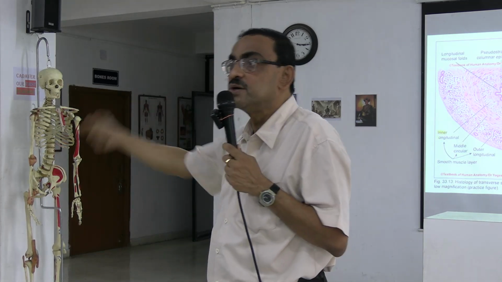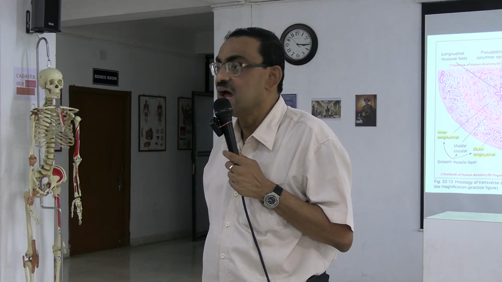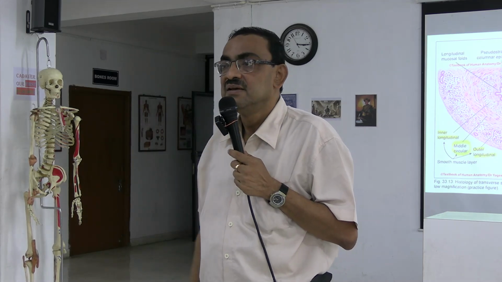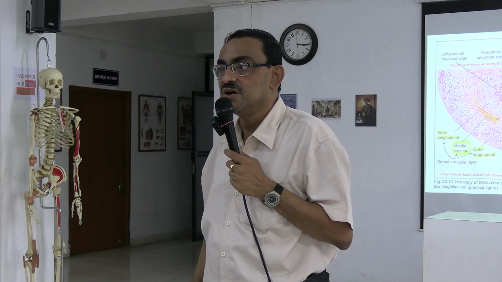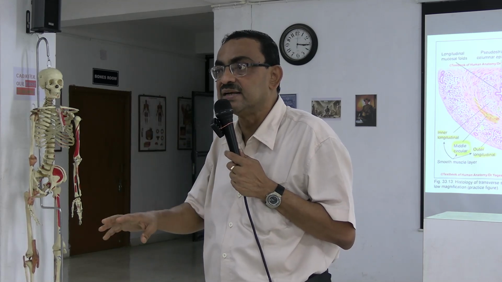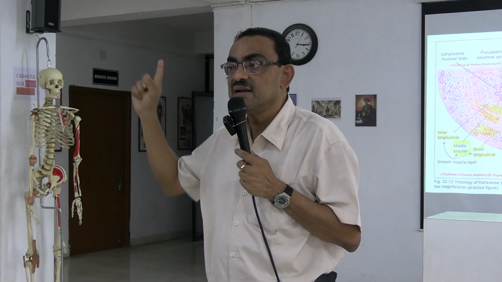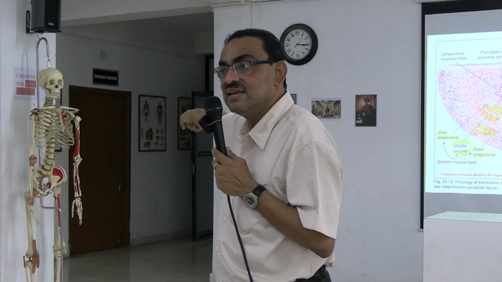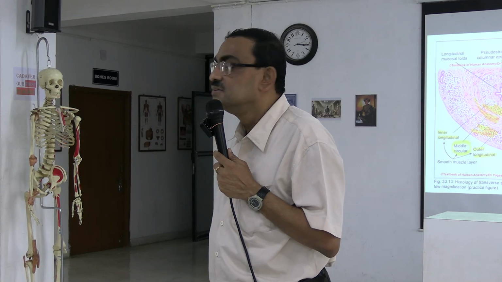This pattern is also present in the lower ureter. In the upper ureter, it is different, it is outer circular and inner longitudinal. But in the lower ureter, you will get outer longitudinal, inner longitudinal and intermediate circular.